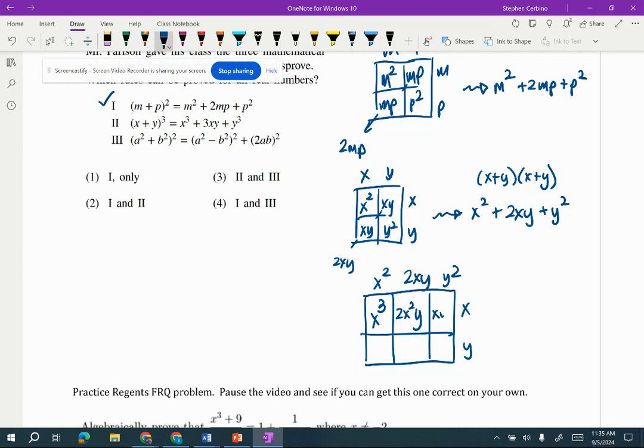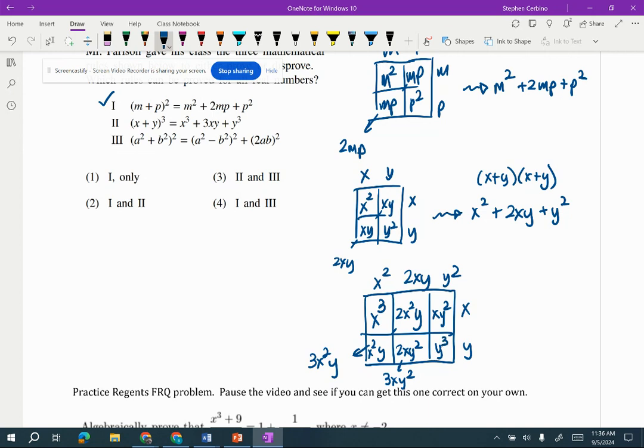We have an x and a y squared. X squared and y becomes x squared y. We have like terms there, so that would be 3x squared y. We have 2xy times y, so that would be 2xy squared. So that's going to give us 3xy squareds. And we have y squared times y, which is y cubed.